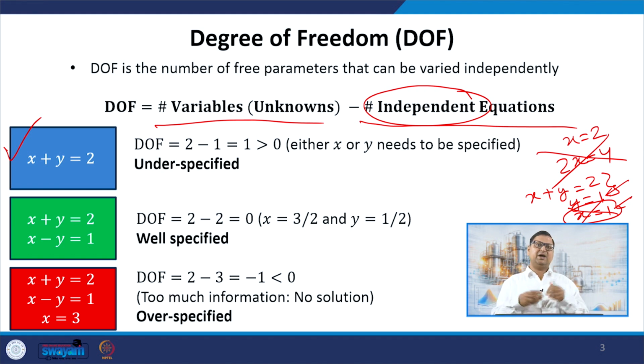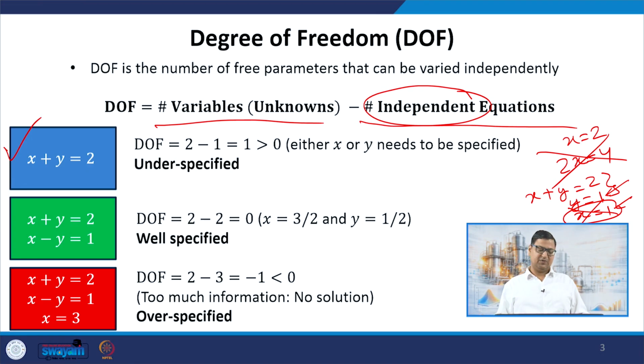y is free to vary, because the equation is only telling me that if I know y, I can find x, or if I know x, I can find y. So, one of the variables here, x or y, is basically free to vary, and the other one comes from the equation.